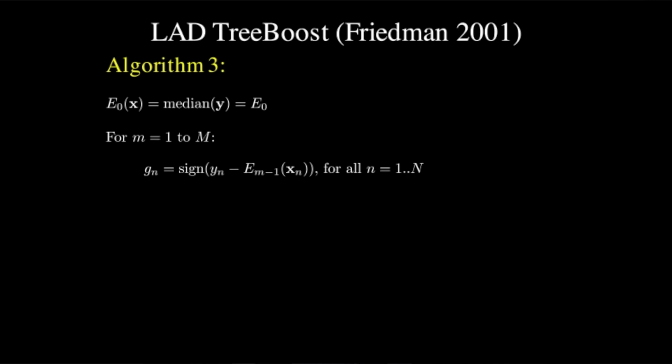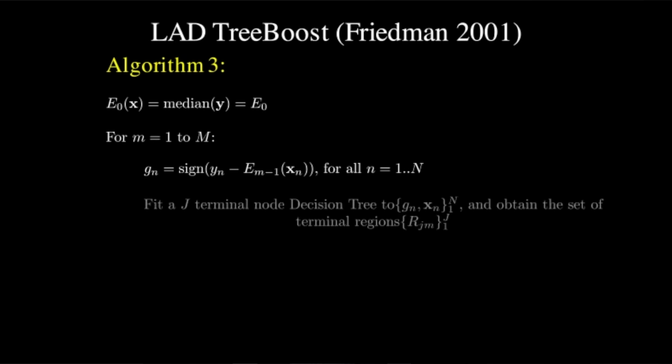We then fit a decision tree to the data that we have. That is, it's going to be fitted on our set of input predictor features and the gradients that we just computed. And we do this over the entire data set, so we get a set of terminal regions for this particular weak learner.